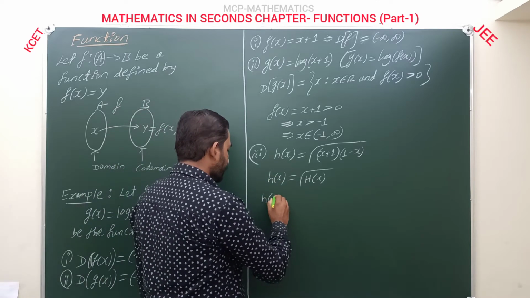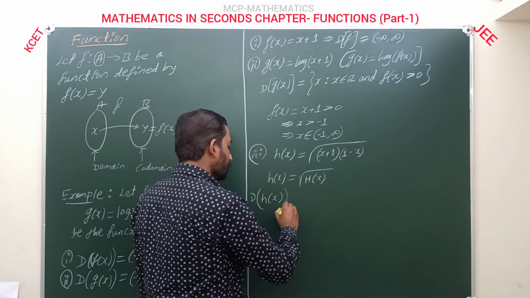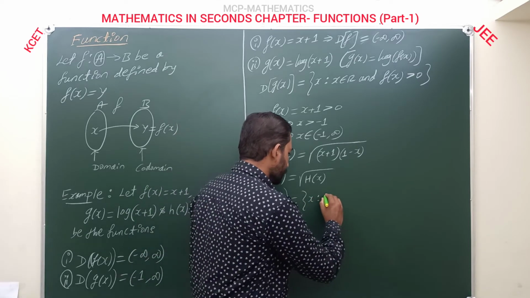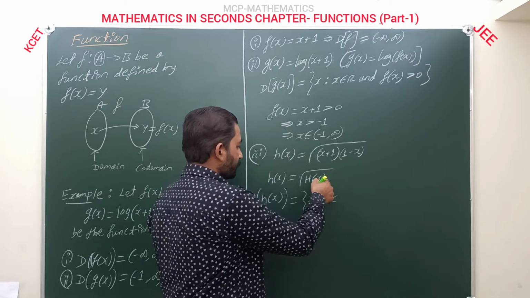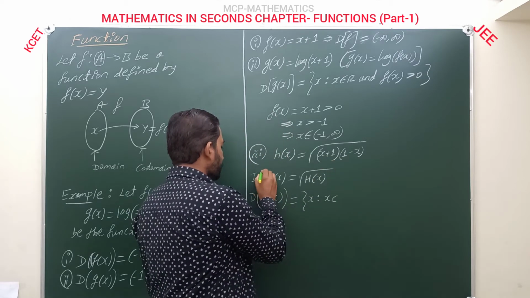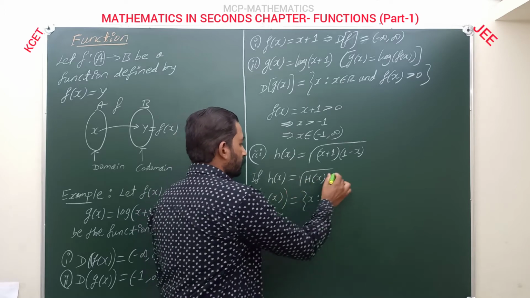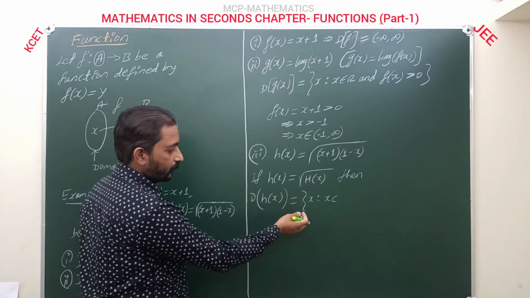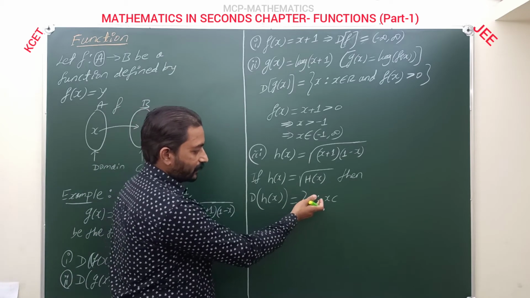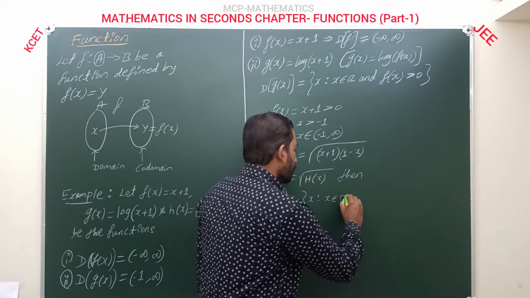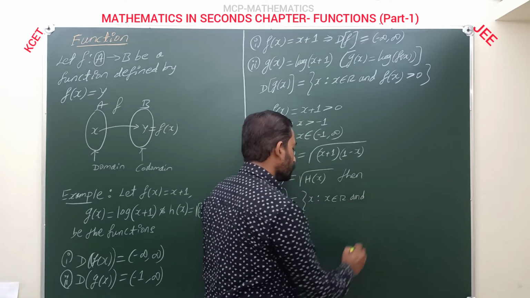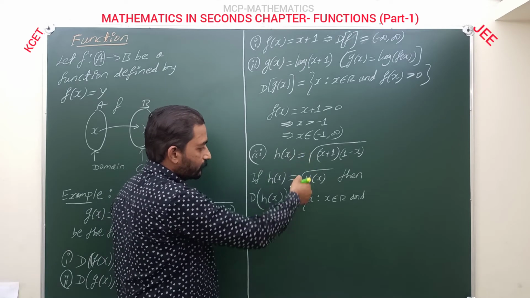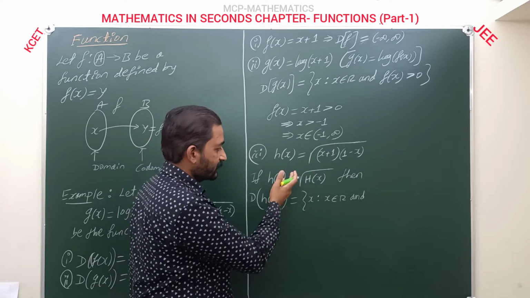So domain of h of x is the set of all x such that x belongs to the real numbers, and the condition is that no negative values are there in the square root, because the function is not defined there, the function is dead.